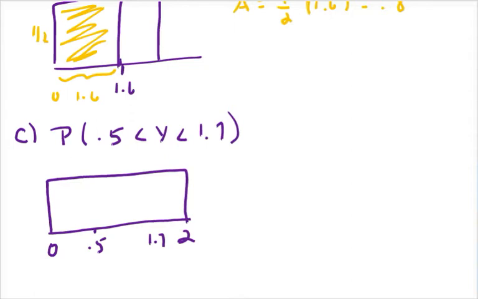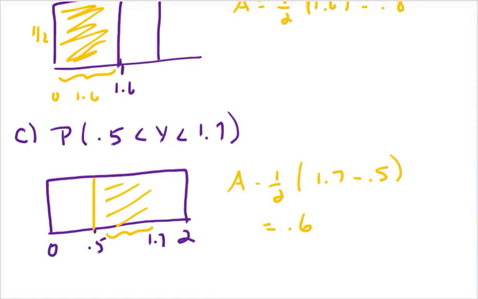I'm looking at finding the area, because probability is area under the curve. Well, the area of that is equal to 1/2 times this distance, 1.7 minus 0.5, and computing that area, you come out with 0.6. So that probability is equal to 0.6.